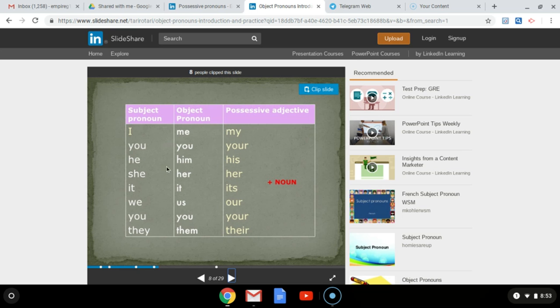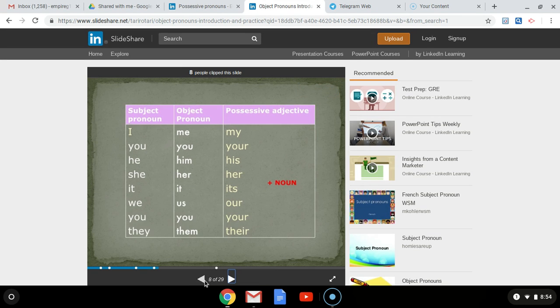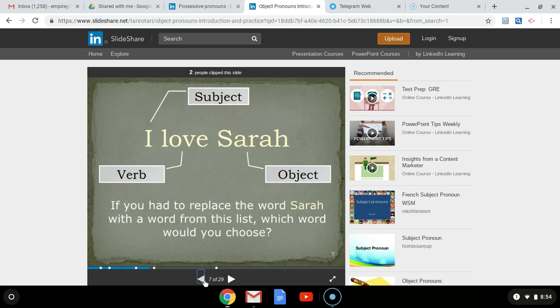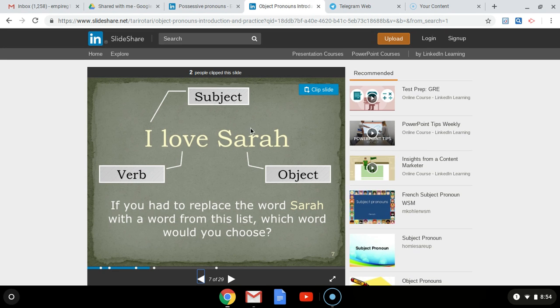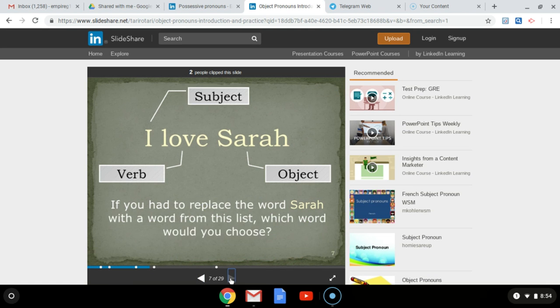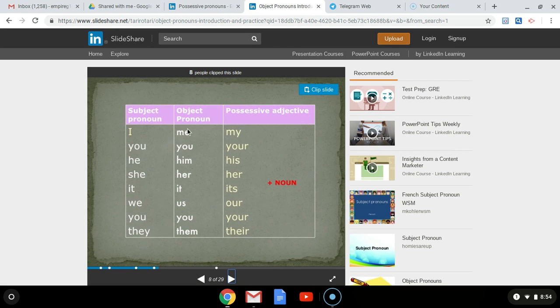You cannot use she as an object pronoun. You cannot say I love she, because she is a subject pronoun. She loves math, for example. But you cannot use the word she as an object. You can only use the words me, you, him, her, it, us, you, and them.